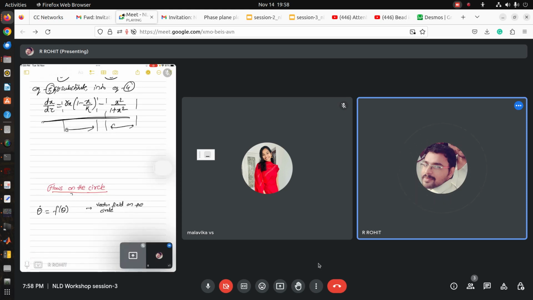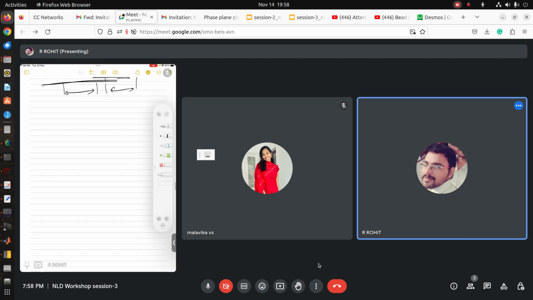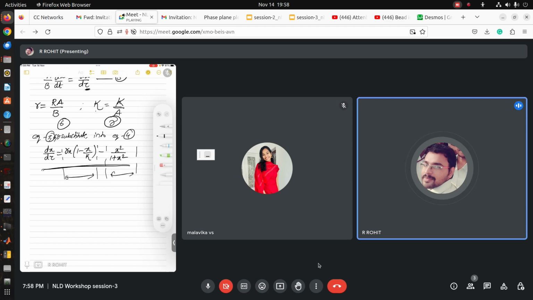So when we plot this equation, say you had an equation of this form, and x/(1 + x²) was looking something like this, and the term r(1 - x/k) looks of this form, and this is the x intercept and this is the y intercept.